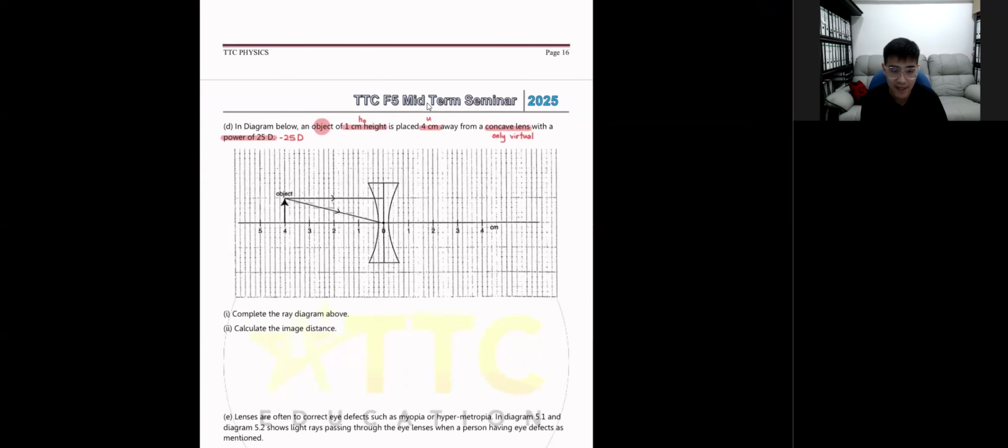The question asks you to complete the ray diagram above in question D1. Then later in question D2, the question asks you to calculate the image distance. So by using the drawing, you can also find where the image is, but later you have to use the calculation method. And the answers you get in calculation and drawing are supposed to be the same.